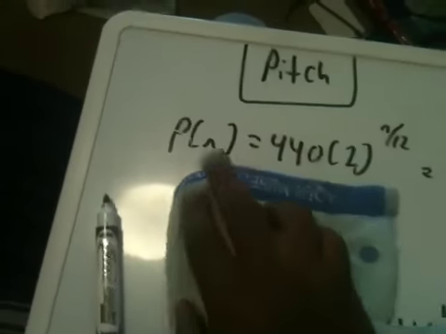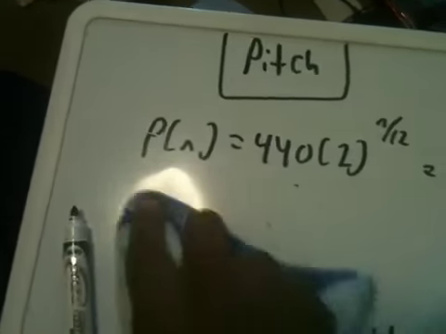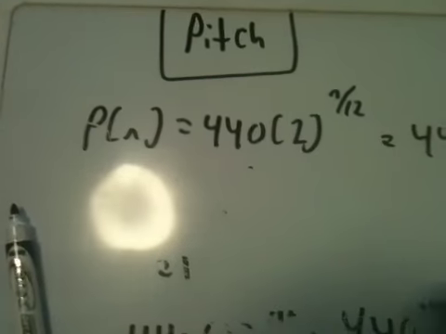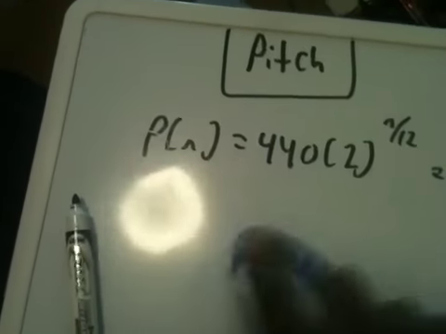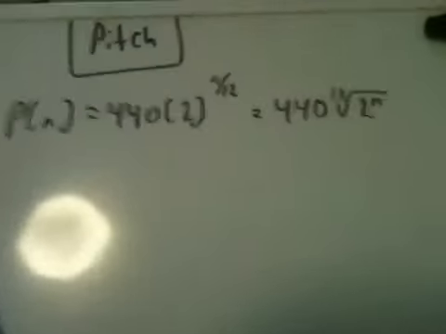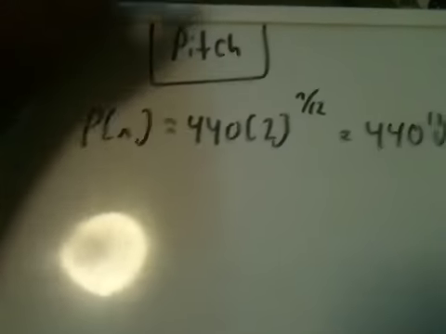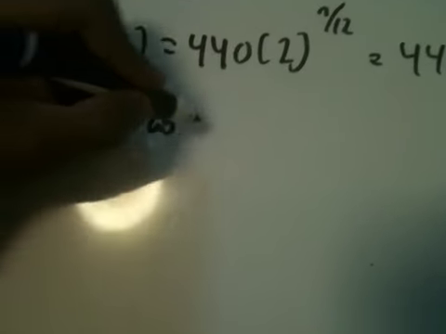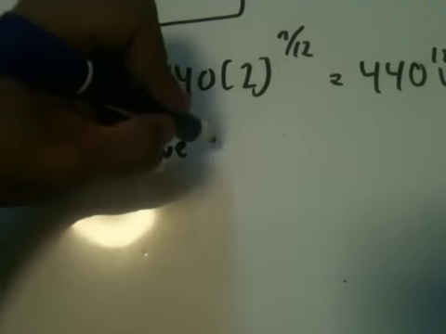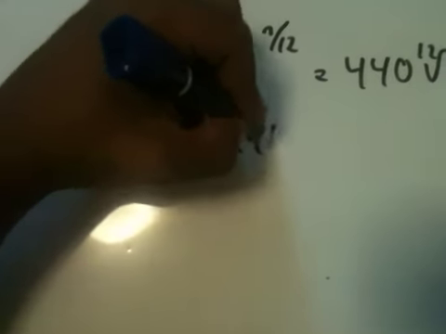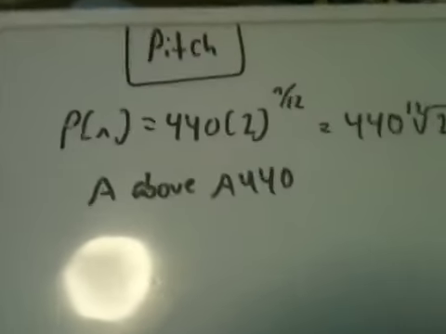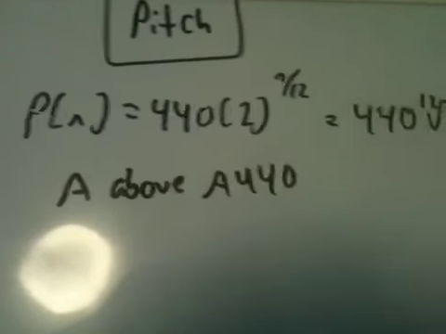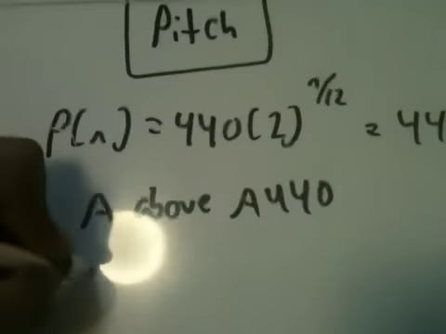Now let's do another one. Actually, let's do two more. Another example would be to find the frequency of the next A, the A above A440. Well, this A is 1 octave higher, and there are 12 half steps in 1 octave, so n is 12.